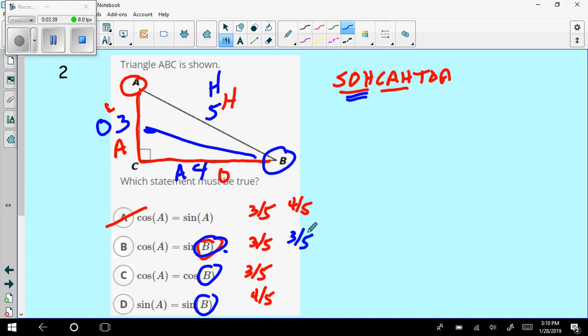Hypotenuse is 5. We're looking for the one that's true. Here we found it right here. So it's letter B. If we looked at the other ones, the cosine of B is adjacent over hypotenuse, so it's 4 over 5. That's definitely not true. And down here, this sine of B was 3/5. That's not true.